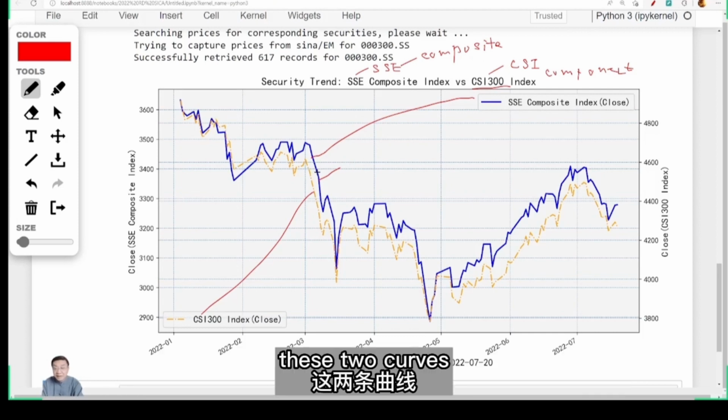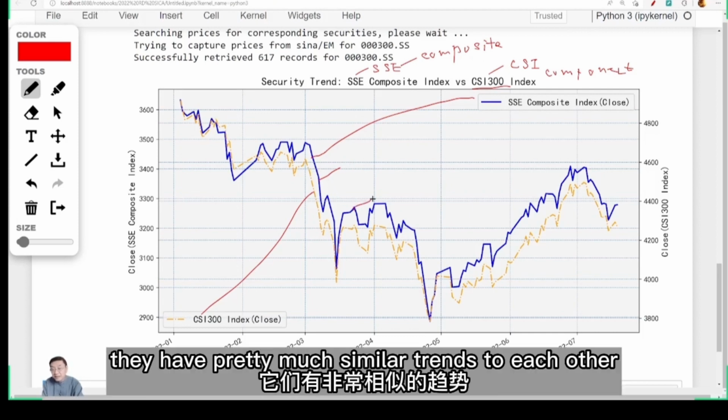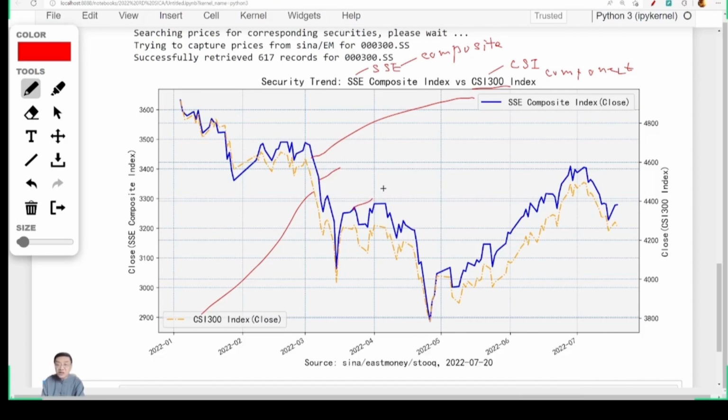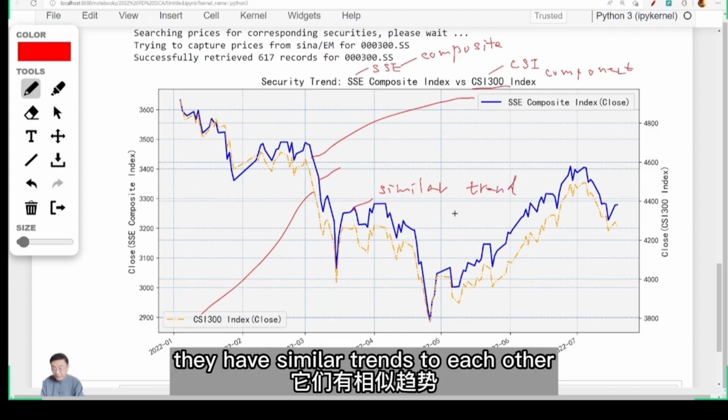However, these two curves have pretty similar trends to each other.